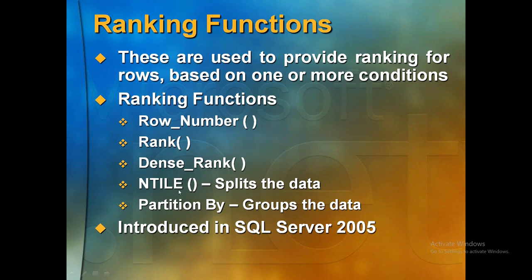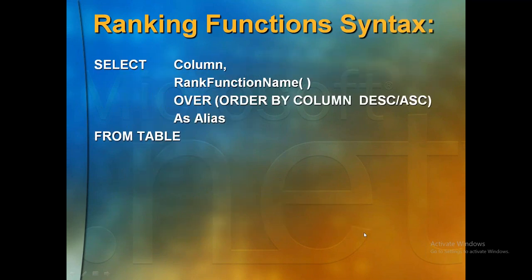These are the functions we have: row number, rank, dense rank, ntile, partition by, introduced long back. So this is the syntax I was explaining: select star or column names, ranking function name, over clause, then as alias.